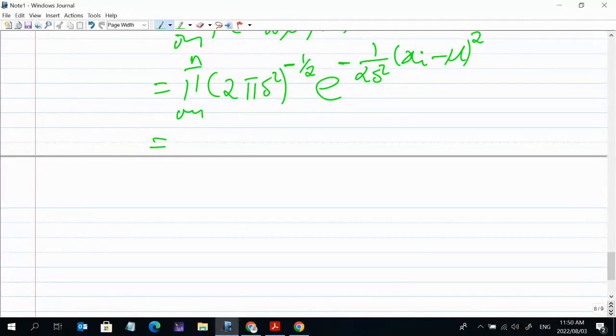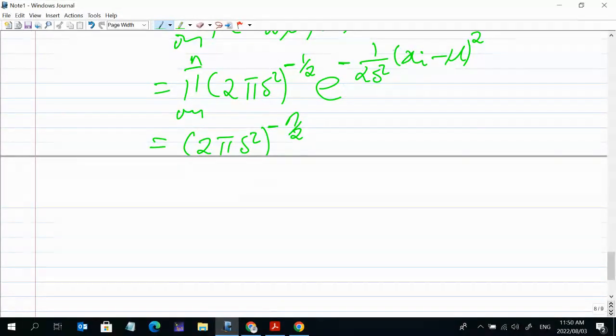So you multiply the constant n times, you get the constant to the power n. So we're going to have 2 pi sigma squared to the power minus n over 2.